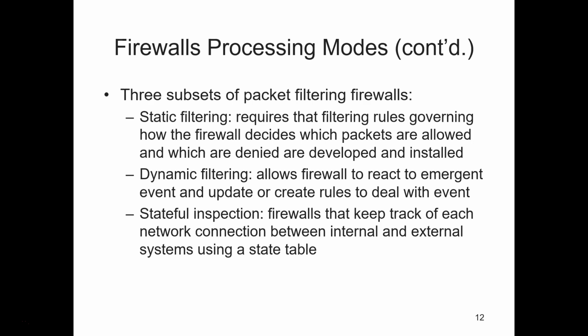The dynamic filtering allows the firewall to react to an emergent event and update or create a rule to deal with the event. While static filtering firewalls allow an entire set of one type of packet to enter in response to authorized requests, the dynamic packet filtering firewall allows only a particular packet with a particular source, destination, and port address to enter through the firewall.